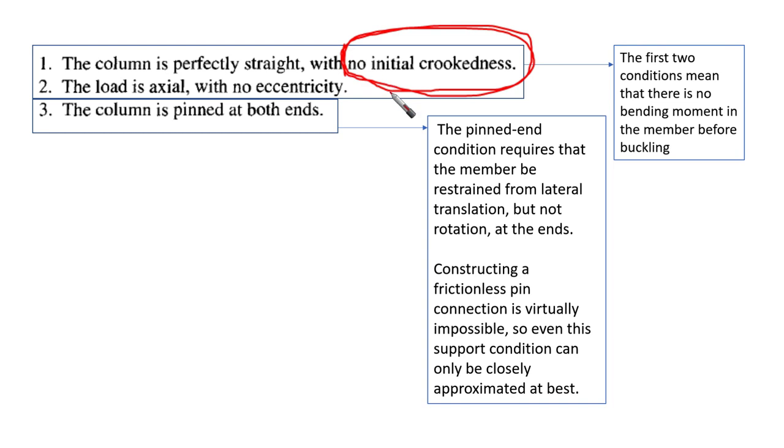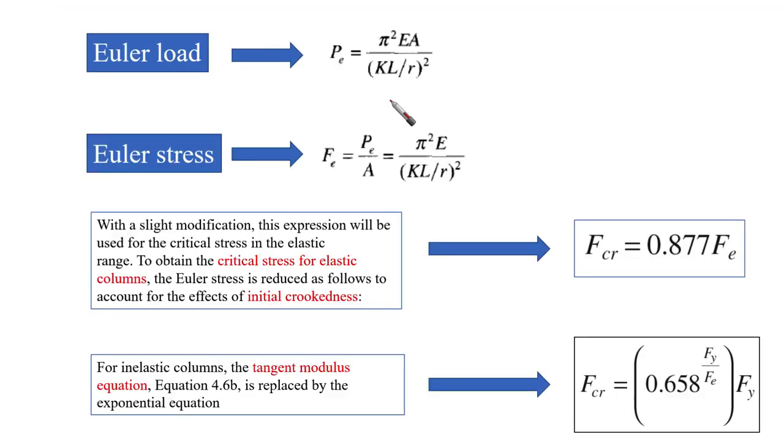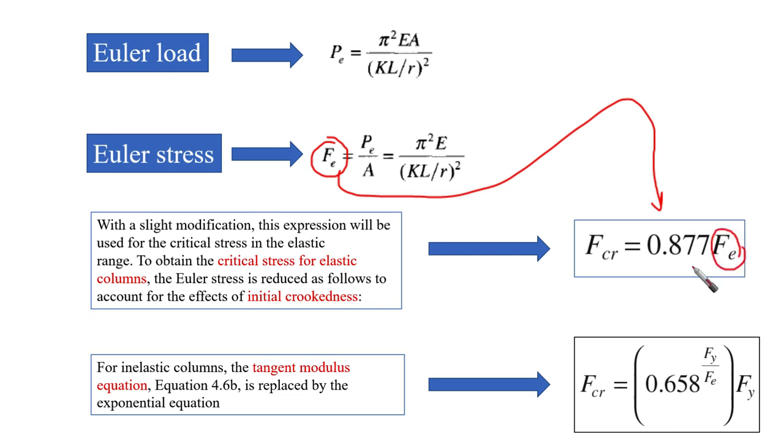It is something inevitable. We cannot avoid it. So we need to be realistic also in our equations. So instead of using Fe only, we use a kind of reduced Fe. It is the same Fe, but instead of using 1, it is reduced by almost 13%. So we multiply by 0.877.